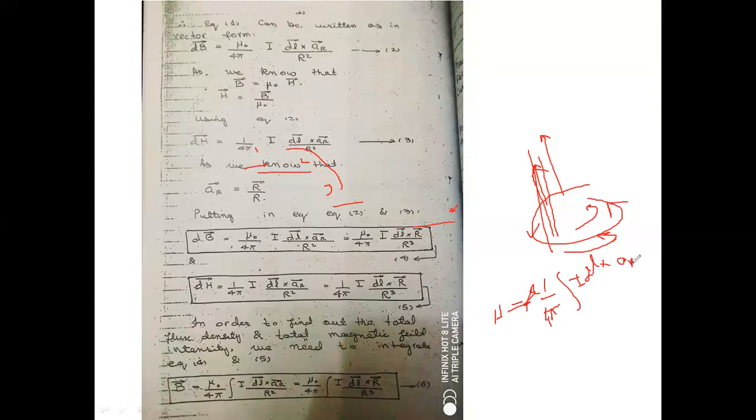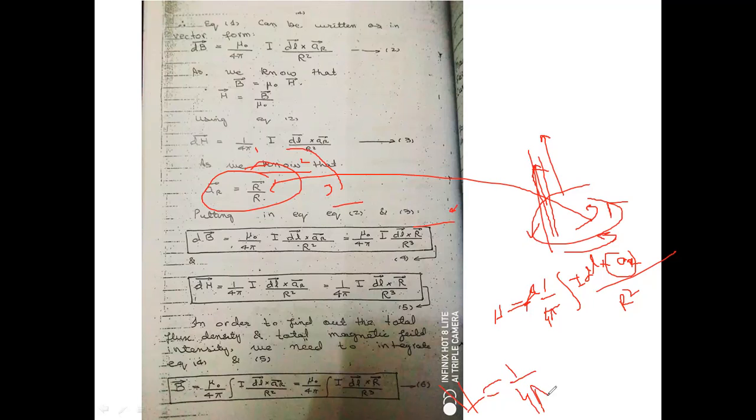And if you want to replace this ar in terms of R, you will get H equal to 1 over 4 pi integration, with respect to dl.